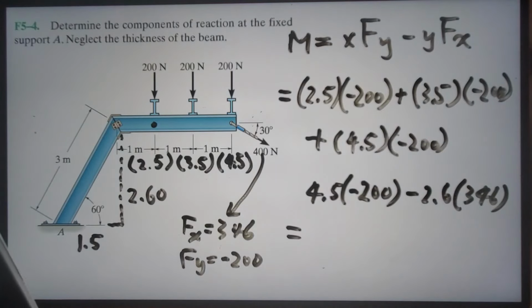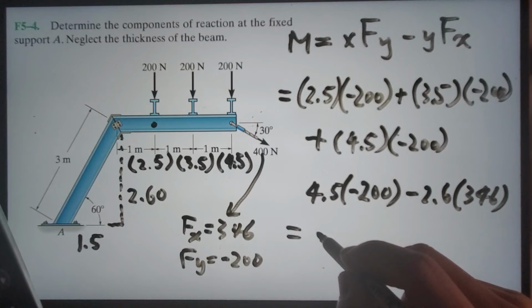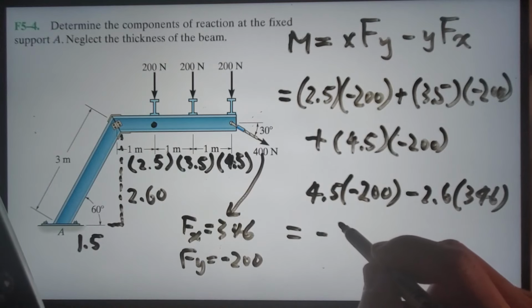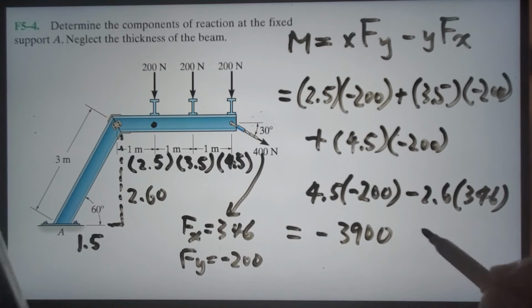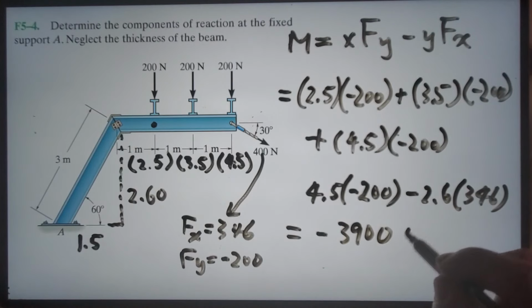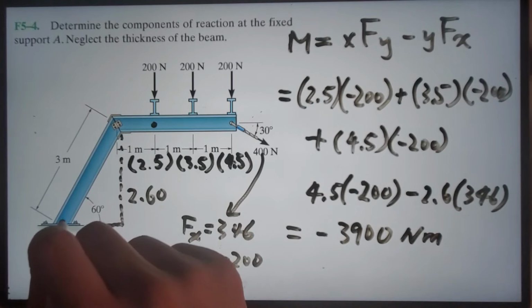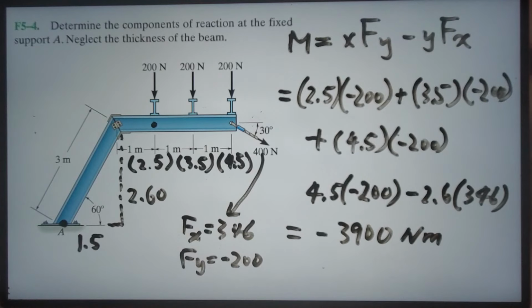Oh, I think this one is positive over here. Sorry, my mistake. So that's the total moment. The total moment is negative 3900 roughly. The unit will be Newton meter. So that's the moment that point A will face.